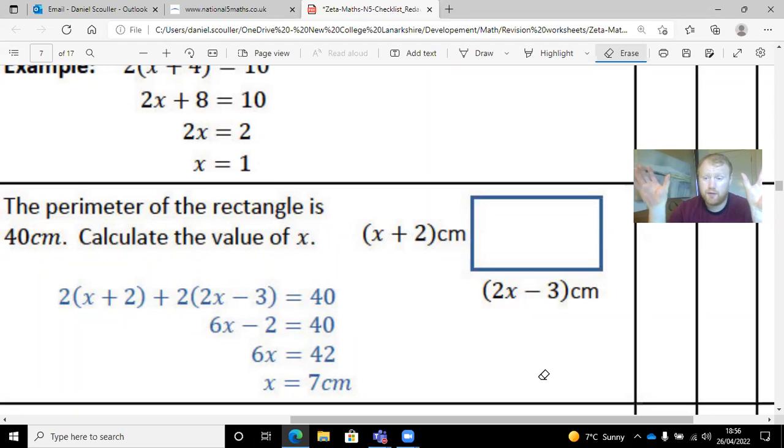The perimeter is the length all the way around the outside. So if one vertical length is x plus 2, then you go along horizontally 2x minus 3, then another x plus 2, and then another 2x minus 3. So you've got 2 times x plus 2, and 2 times 2x minus 3 to work out the perimeter. That's the equation you would come up with. Does everyone see where that comes from? Does that make sense?